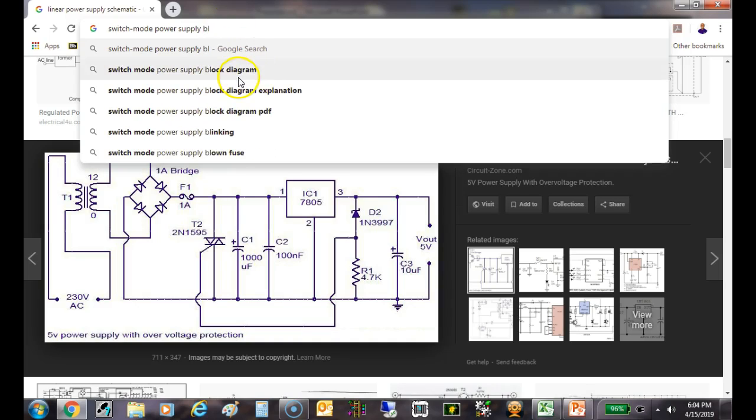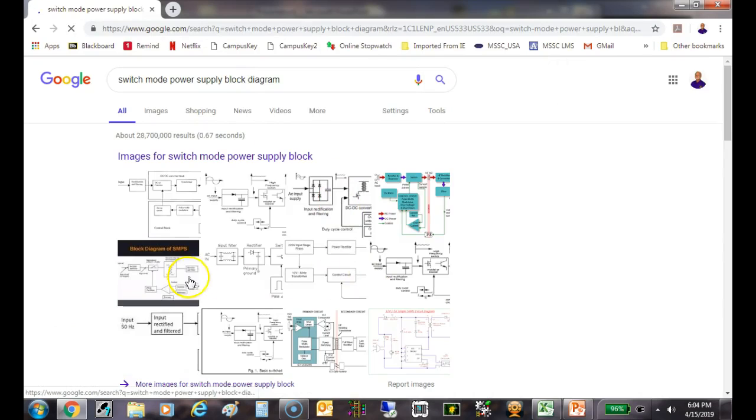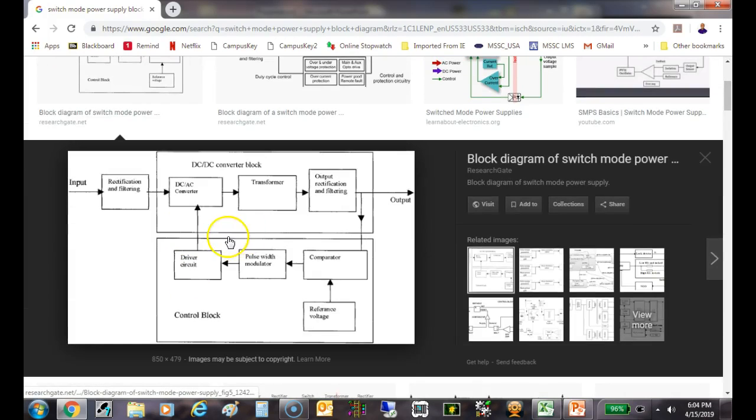So let's do a block diagram instead. So no transformer. What does it do? Rectifiers and filters, right? Then once it's been converted back to AC, it runs through a transformer, but at a lot higher frequency.